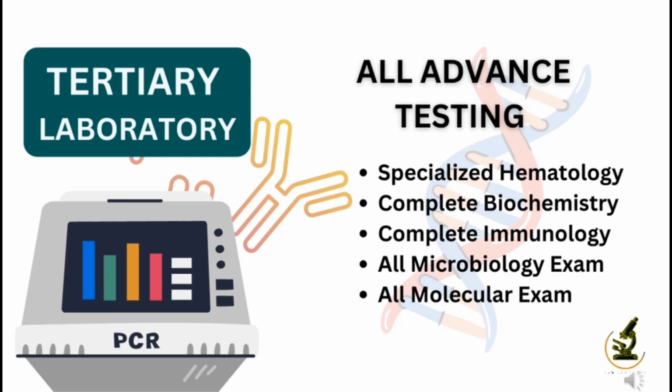In a secondary laboratory, there is a possibility that a few biochemistry tests cannot be performed due to expense or due to unavailability of more instruments. But in this advanced category, all biochemistry tests are done.